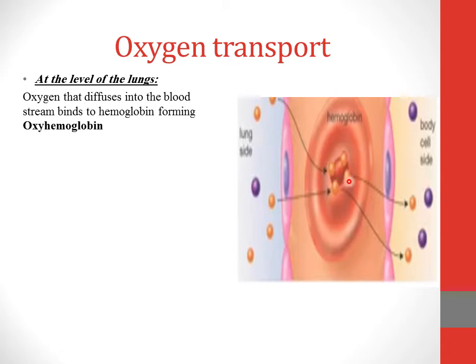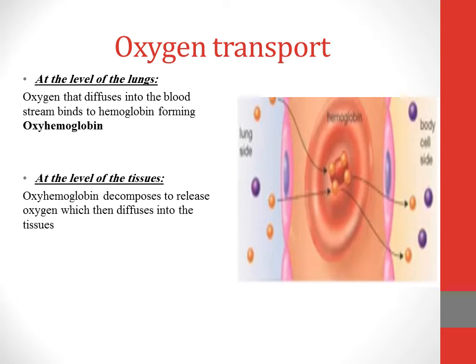Then, when reaching the body cells, this oxyhemoglobin decomposes into oxygen and hemoglobin in order to release the oxygen molecules, so the oxygen will then diffuse from the capillaries into the body cells.